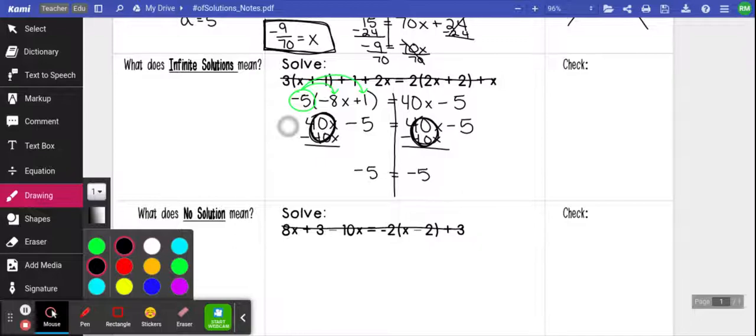So, for example, we're going to rewrite this problem right here on the check part. So, go ahead, we're going to write -5 parentheses, -8. Now, instead of x, what x do we want to use? We can choose any number we want. 1. 1, 2. Either one will work. Do you want to do 2, Alexa, and you do 1?